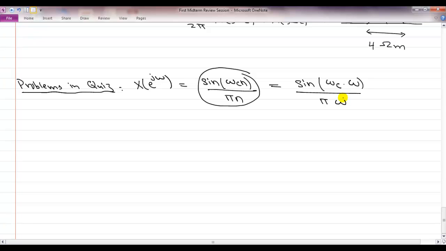Since it is not a periodic function of little omega, this cannot be a valid Fourier transform. Anytime you do any calculation and your Fourier transform solution comes up not periodic, you ought to know without even doing anything that you have made an error, because that's the fundamental property of the discrete time Fourier transform. You have periodicity in little omega.